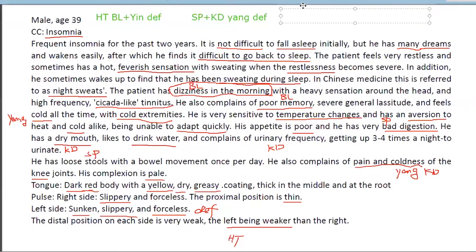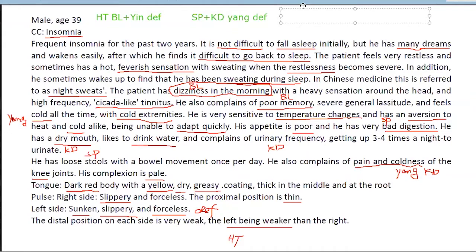Nourishing heart yin, calming the spirit. I would like you to put nourishing heart yin, calming the spirit first. That looks like a more direct relationship with the chief complaint.